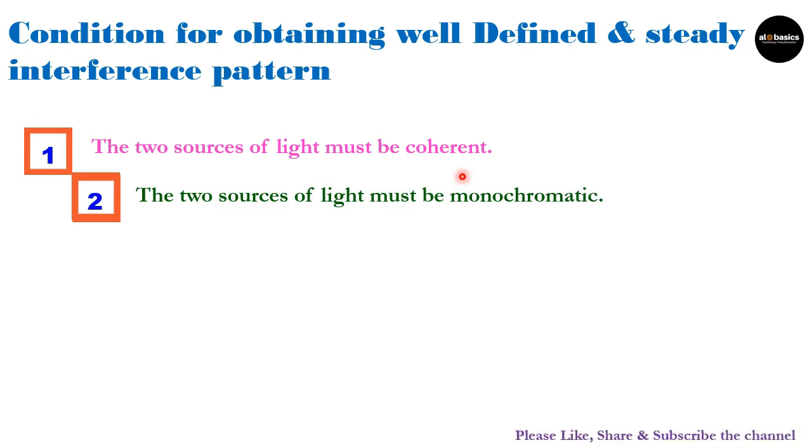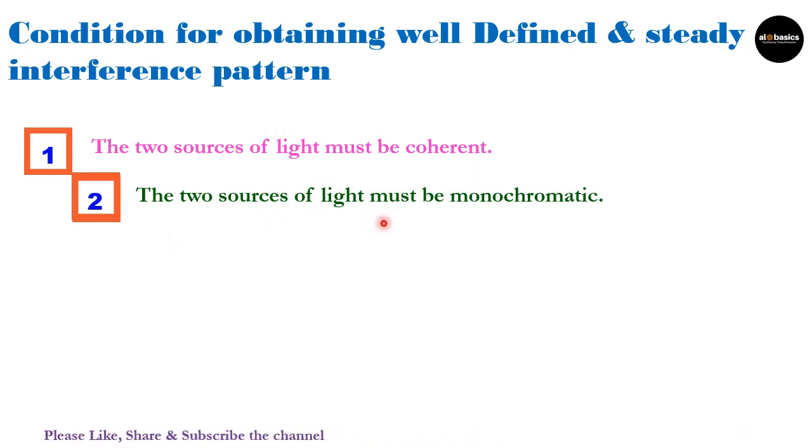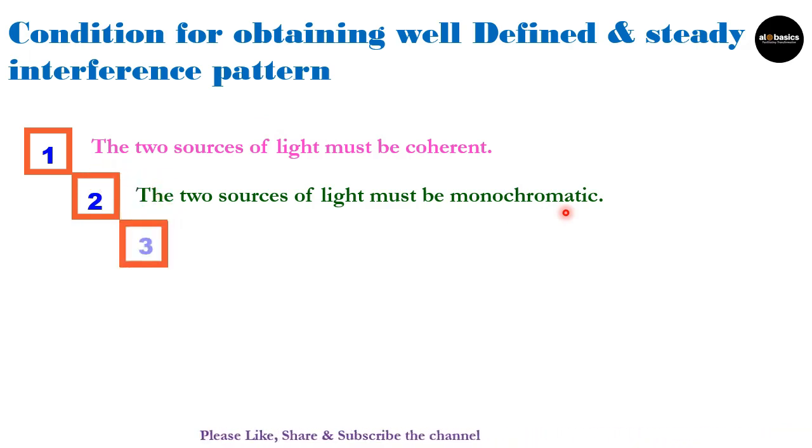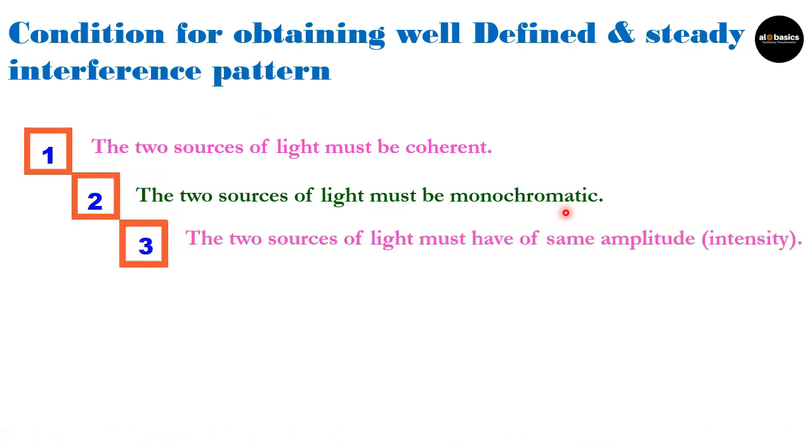Second condition is two sources of light must be monochromatic. Then third condition, the two sources of light must have same amplitude, or we say that same intensity.